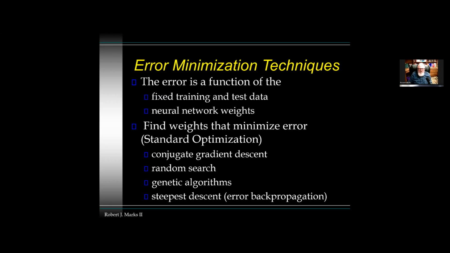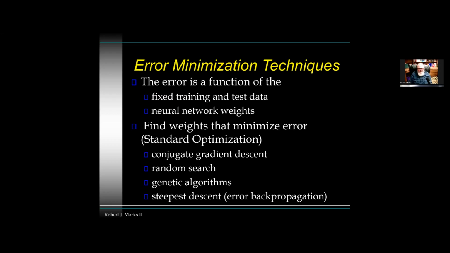There are a number of ways to do this, and they're mentioned here. The best one, I think, is error back propagation. It has stood the test of time. There are other ones: conjugate gradient descent, random search, genetic algorithms. Genetic algorithms are really terrible. A genetic algorithm is a type of evolutionary algorithm, and it's just a terrible way of doing it.